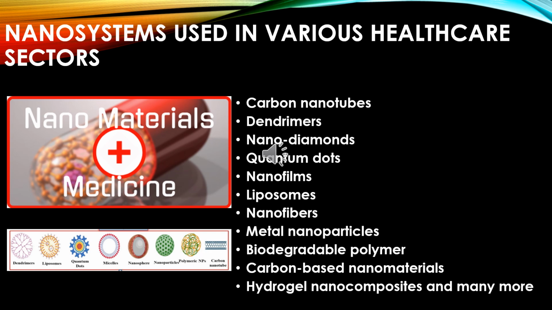Coming to the fourth one, that is quantum dots. These quantum dots are synthetic nanostructures ranging from 5 to 10 nanometers in diameter. They are semiconductor in nature. This semiconductor nature helps them to transport electrons during their function. These quantum dots are made from heavy metals such as cadmium, and they are carcinogenic. Therefore, they cannot be widely used in healthcare sectors.